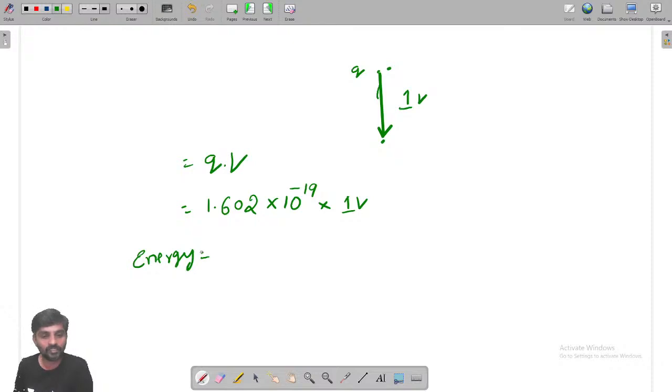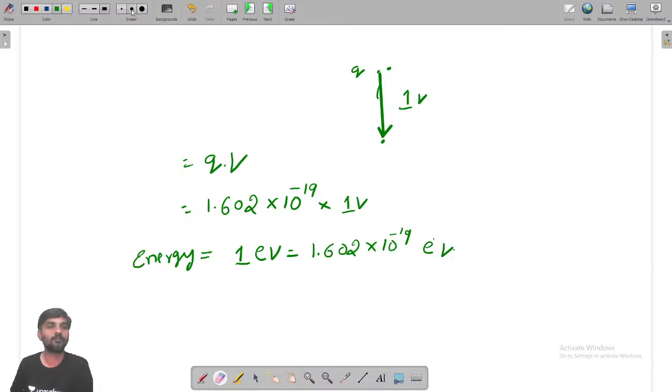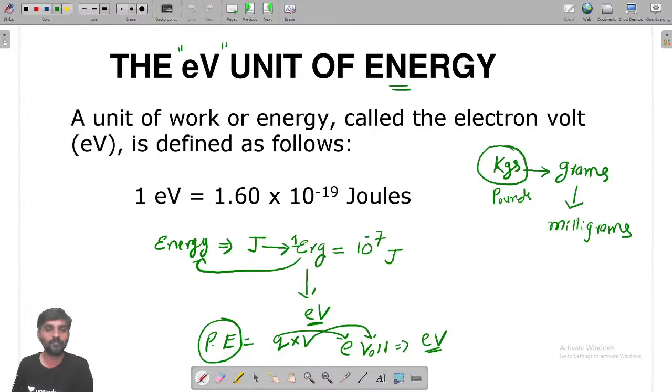So 1 electron volt is equal to 1.602 × 10 to the power of minus 19 joules.